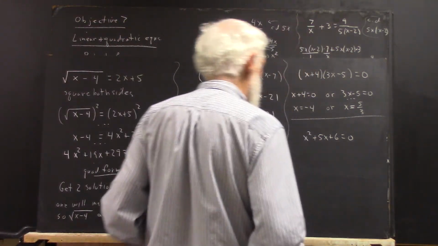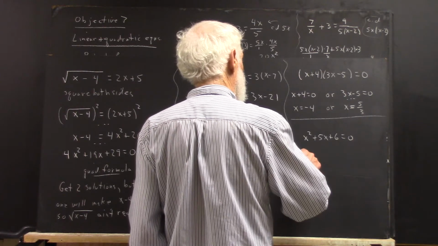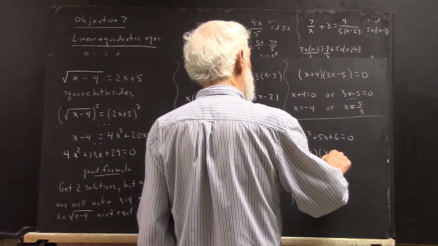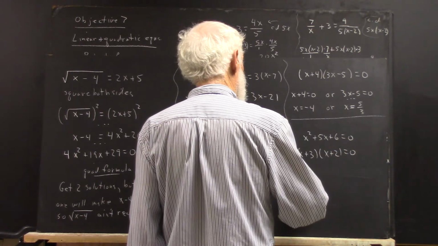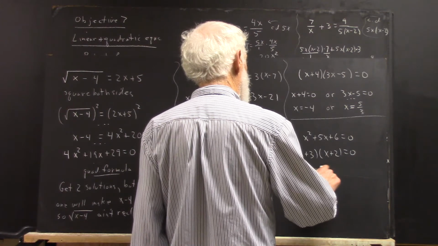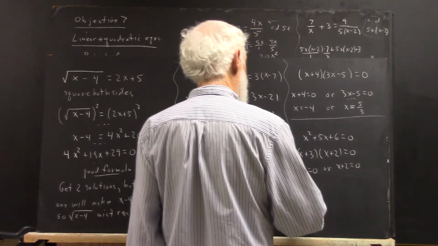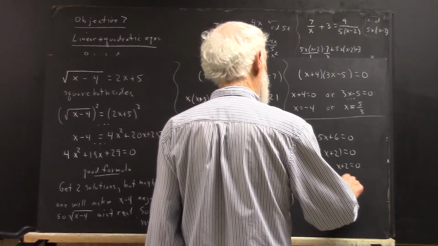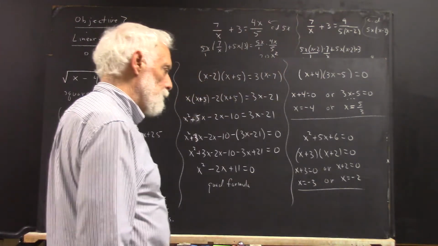But if you got something like this, you can do it. You can factor this into x plus 3 times x plus 2 equals 0, which means that x plus 3 equals 0, or x plus 2 equals 0, so that x equals negative 3, or x equals negative 2. And those are your solutions.